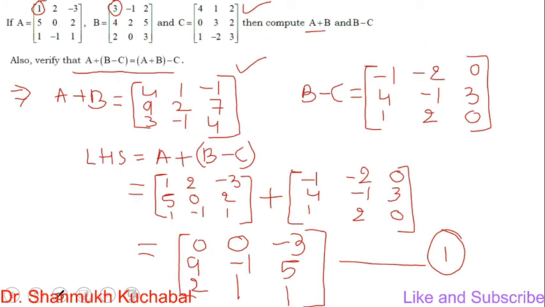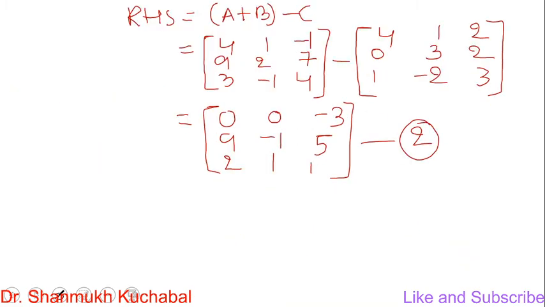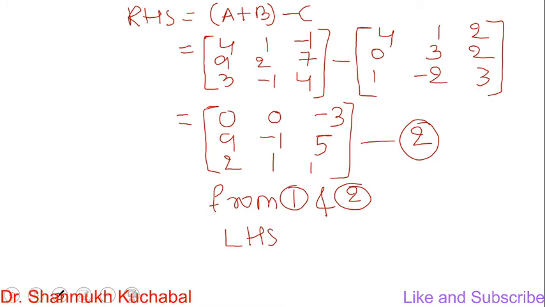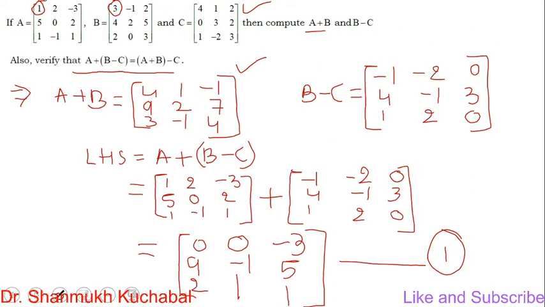So equation 1 simplification and equation 2 simplification, the RHS part is the same. Therefore from equation numbers 1 and 2 we can say that LHS equals RHS. So this is a 5 marks example from matrices. Basic mathematical algebraic operations you are going to get.